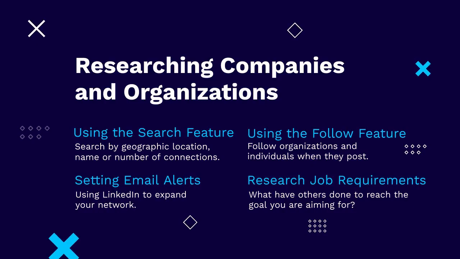It has a variety of features, including searching by geographic location, by name, by the number of connections you have in common, by area, as far as area of interest, right? If you're interested in art, for example, you can look up visual artists, multimedia artists. That's also why the little tagline on the front of your profile, right under your picture, is really important, because that's one of the easiest ways folks get to tell what it is you do, right?